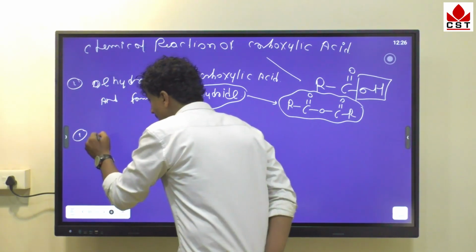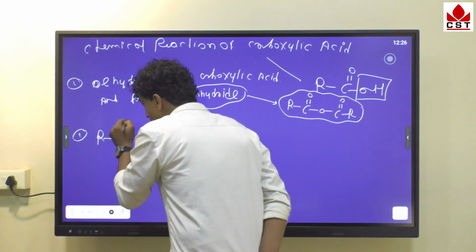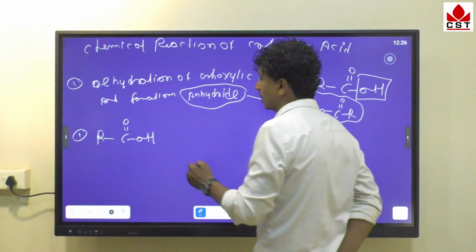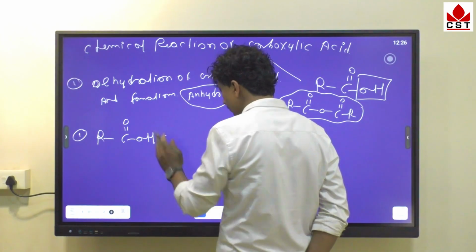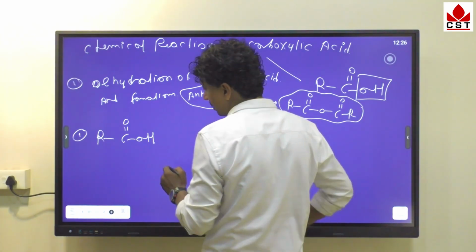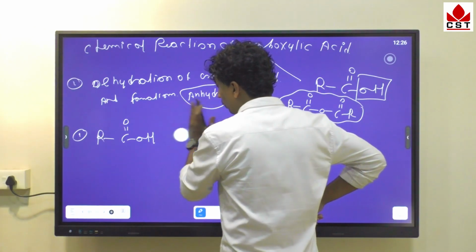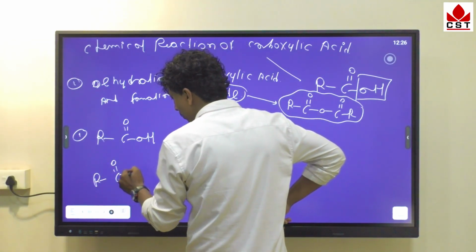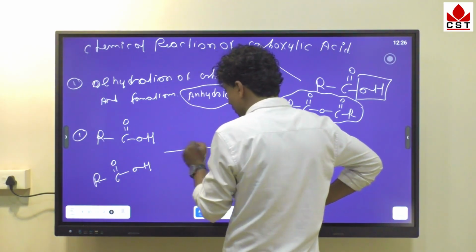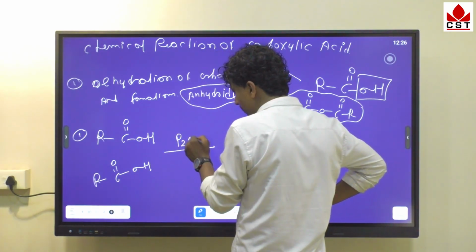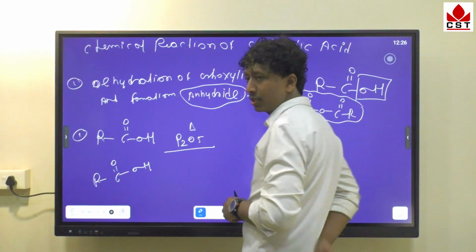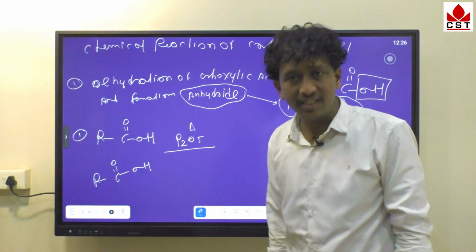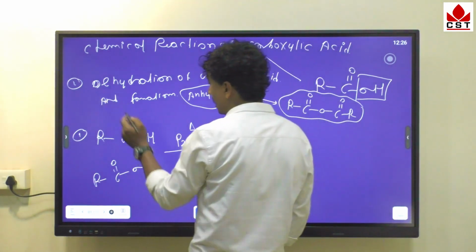In the general reaction, there is RC double bond O bond OH, a carboxylic acid. Two moles of carboxylic acid are reacted with phosphorus pentoxide, P2O5, on heating.